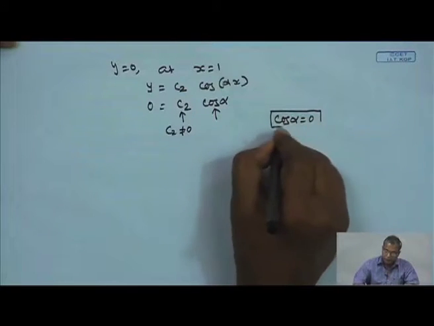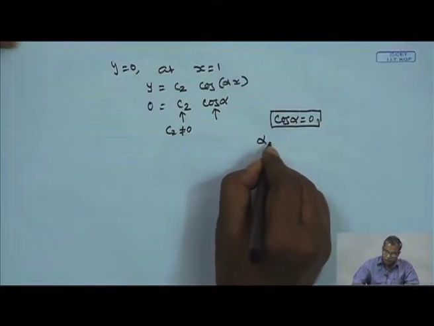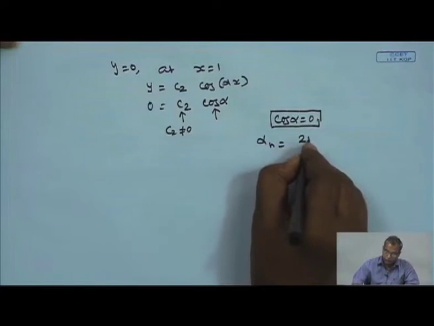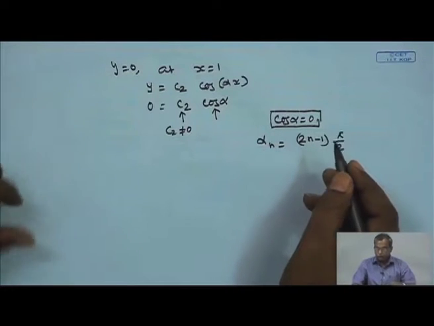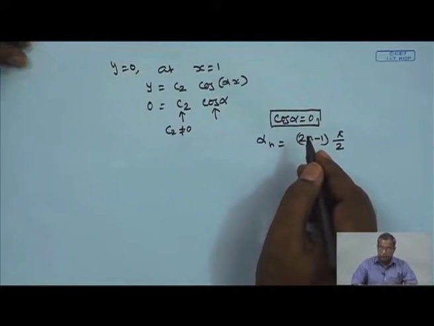And what is the general solution of cosine alpha equal to 0? Alpha n is equal to (2n minus 1) pi by 2. So, these are the roots where cosine alpha equals 0.